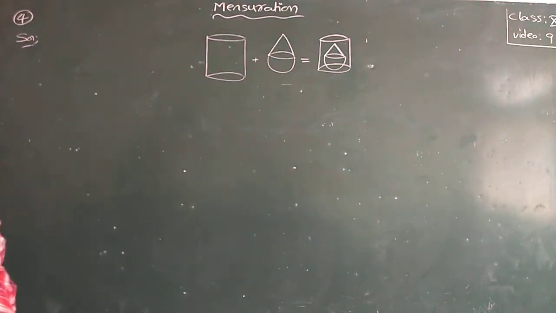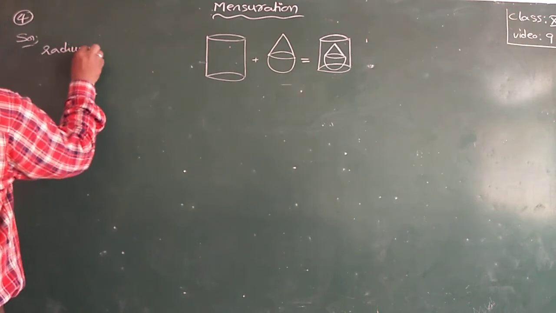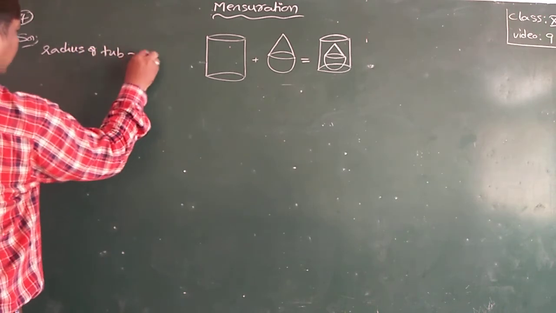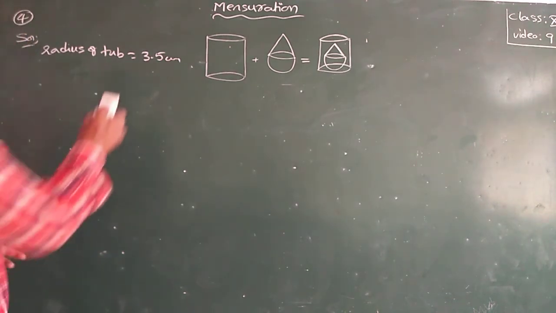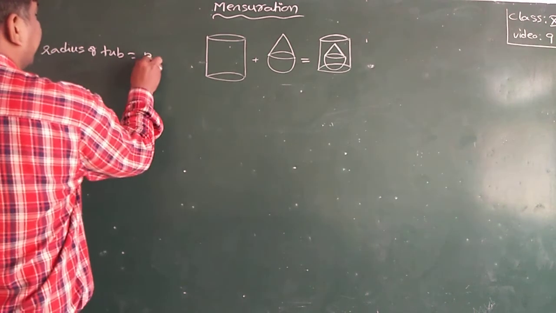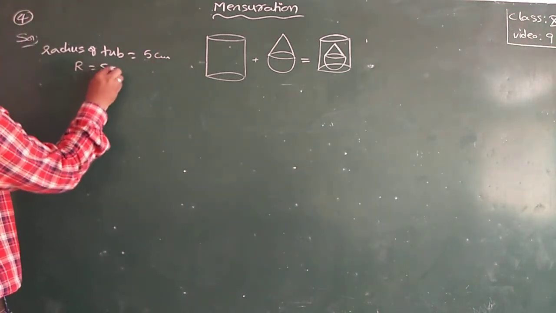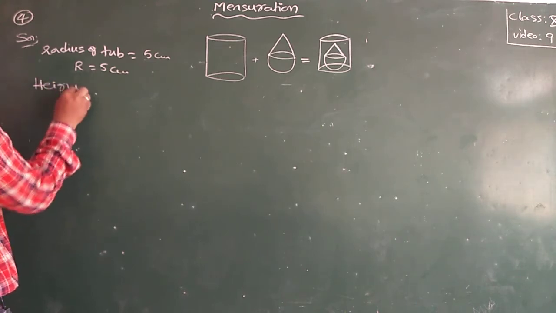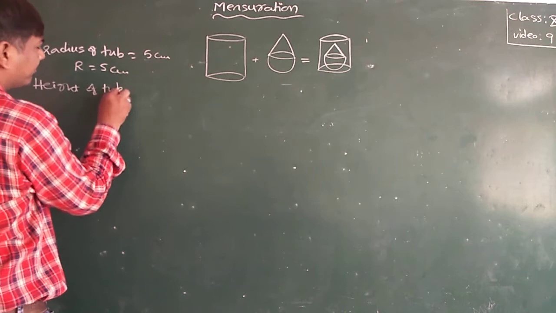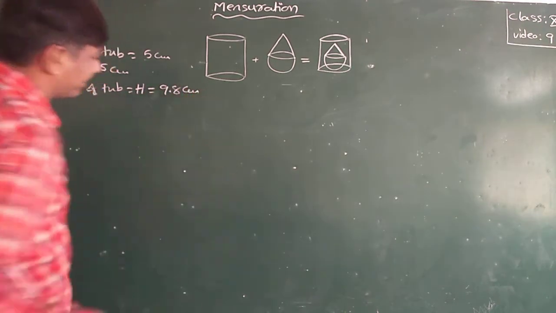See here. The radius of the cylindrical tub is 5 centimeters, so capital R is equal to 5 centimeters, and the height of the tub, capital H, is equal to 9.8 centimeters.